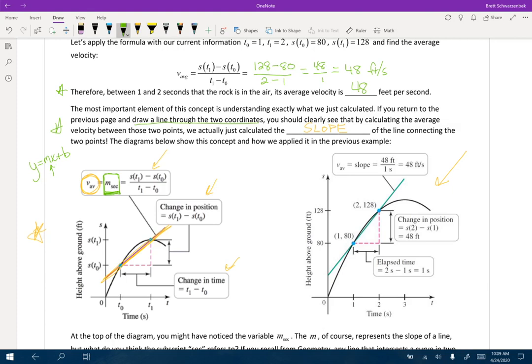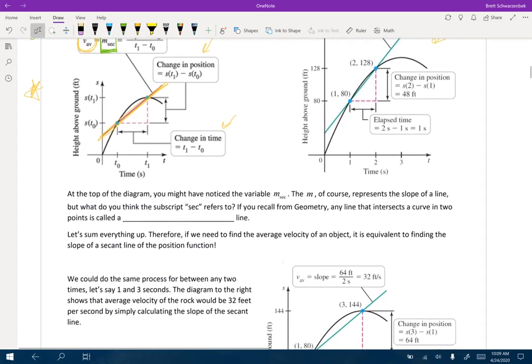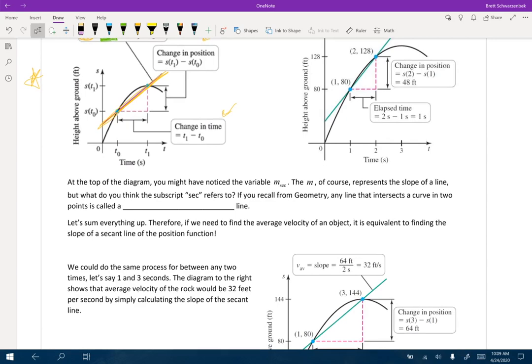So here we are, the slope of the line. But they use this abbreviation sec in the subscript. What does sec refer to? It's actually from geometry. It's called a secant.